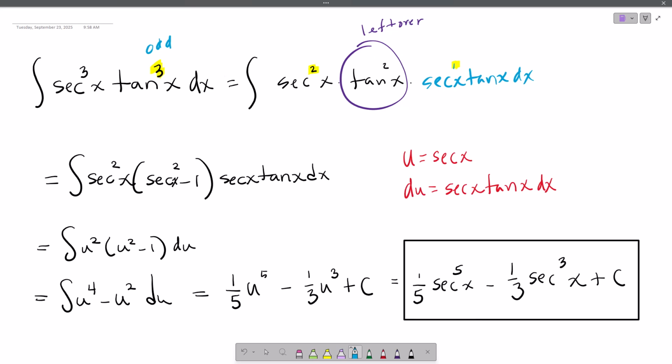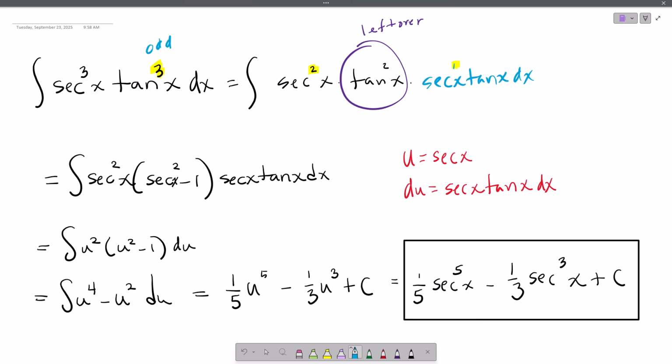So we took that secant cubed and pulled off a secant. Whenever tangent is odd, the rule is to pull off 1 secant and 1 tangent. That left us with power 2 on both. And then we're thinking, we want to let u be secant because its derivative is this, so we want to get rid of tangent so that we can do this substitution.